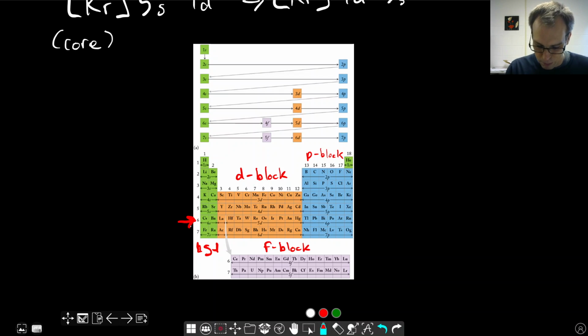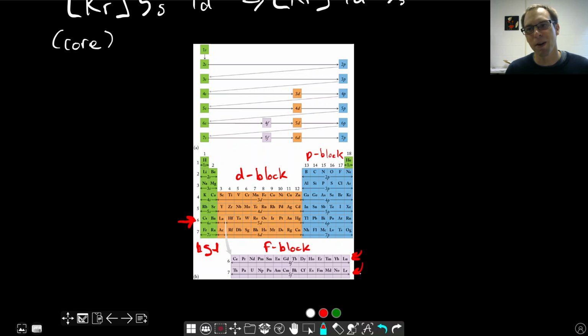And it's for the previous number. So we can see the 4f orbitals get filled in this row, and the 5f orbitals get filled in this row. But the shape of the periodic table reflects all of these things we've been talking about with orbitals in the atoms, and explains why we see these properties of elements in the same column of the periodic table, and why we also see trends.